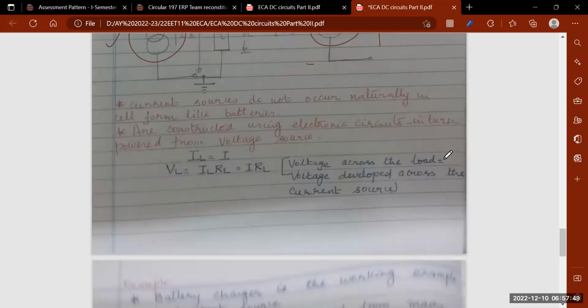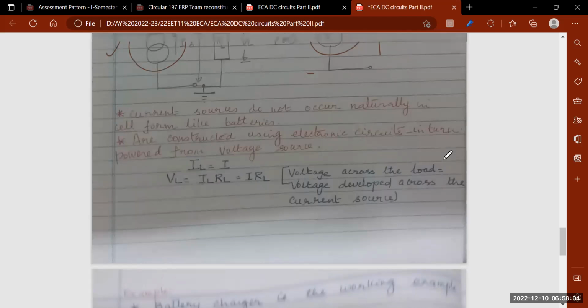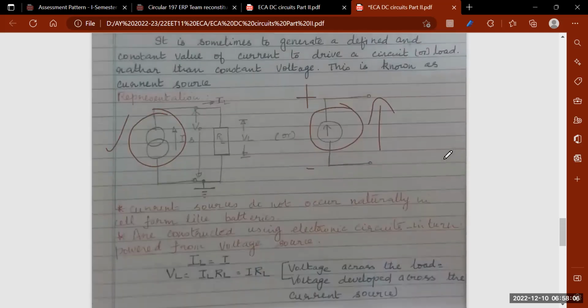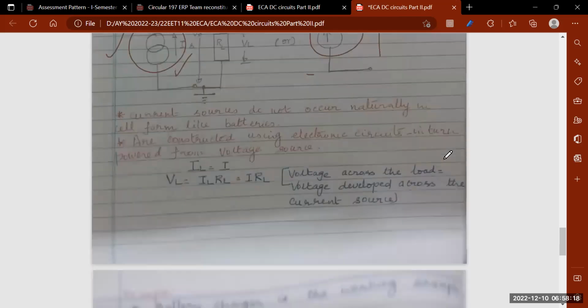I will have some rectifier which is supplied from my main AC supply. So there is some conversion process happening in the current source. So in this ideal current source, the current supplied by the battery is IS, the current delivered to the load is IL, and for an ideal current source, IL is equal to IS, right?